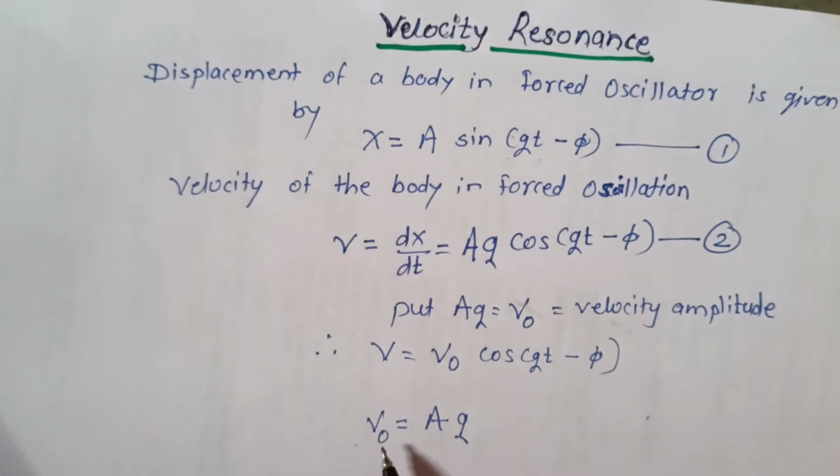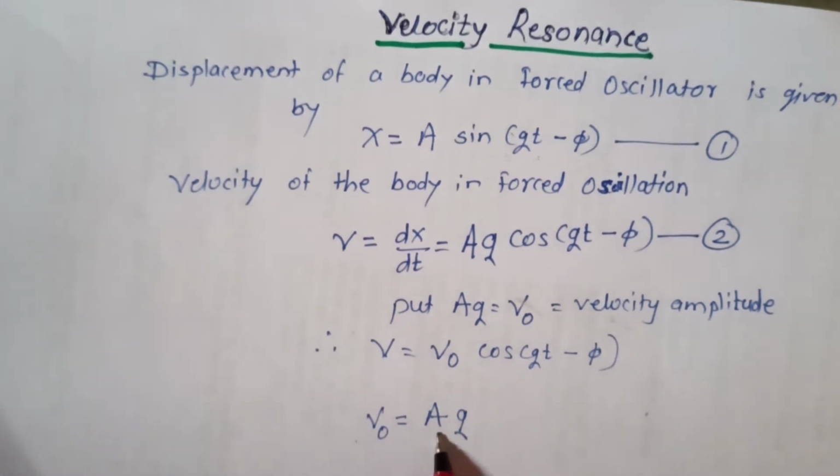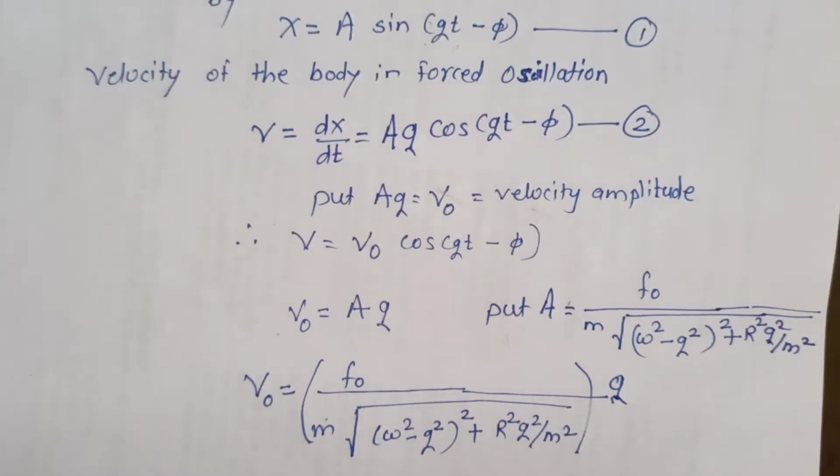Consider v0 is equal to aq. In this equation, put the value of a, that is amplitude. The value of a is f0 divided by m square root of [(omega square minus q square) whole square plus r square q square upon m square].